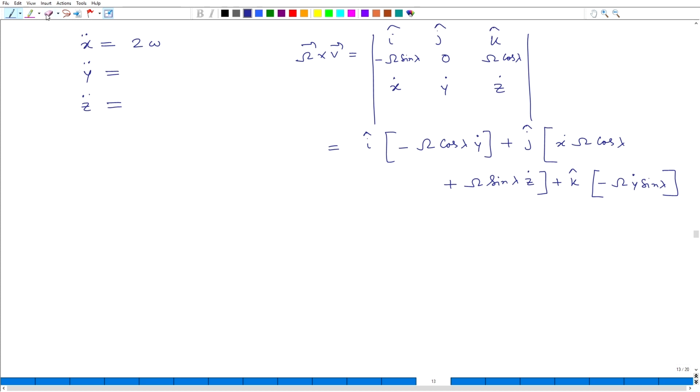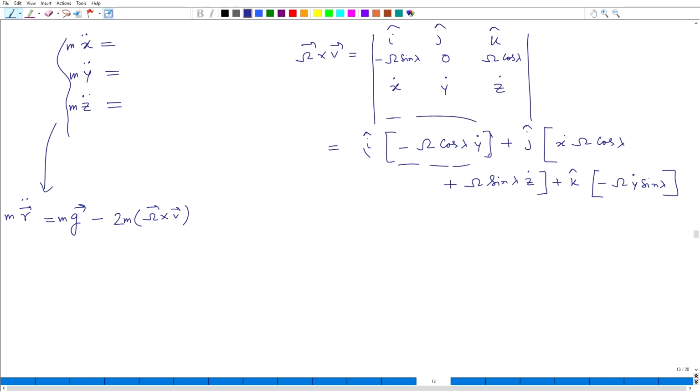The equation comes from r double dot equal to g minus 2 omega cross V, with m multiplied, so that it is the equation for the force. To be very precise, you have something like this with a minus sign along i cap, this is omega cross V.